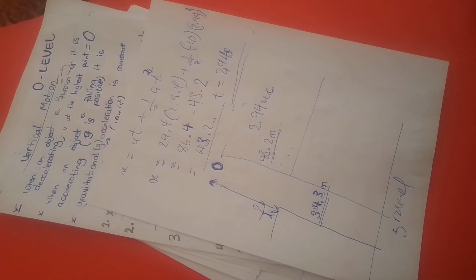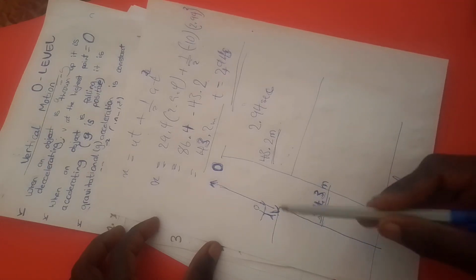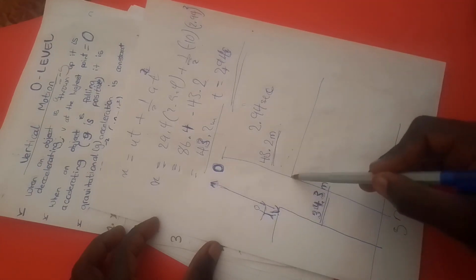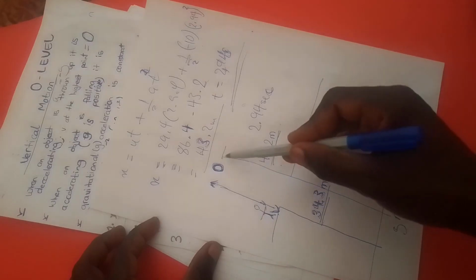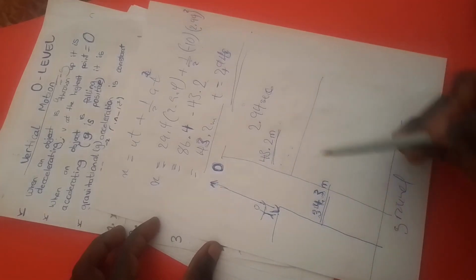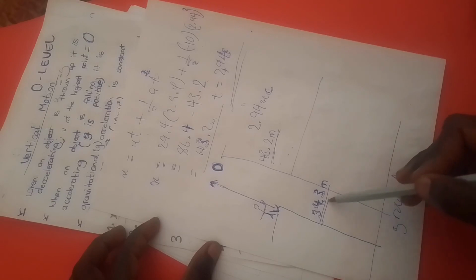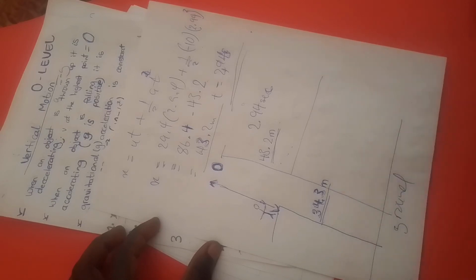If you're not paying keen attention here, you might lose us. Okay, so from this position to the highest position, the stone traveled 43.2 meters, right? But the person was not on the ground, was above a tower, which is 34.3 meters above ground.